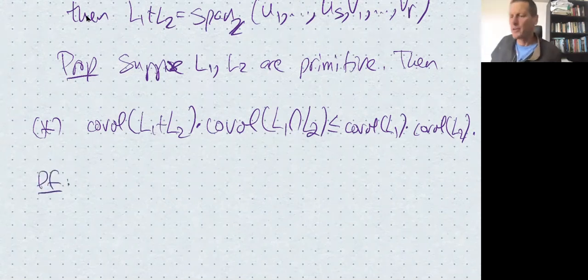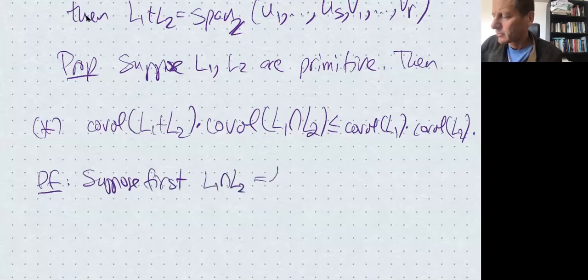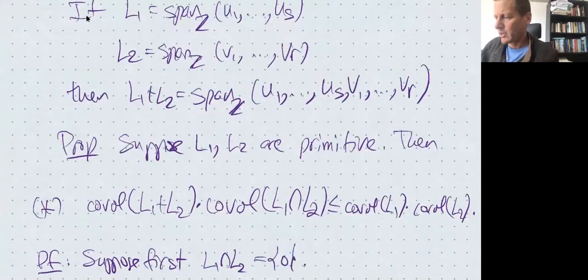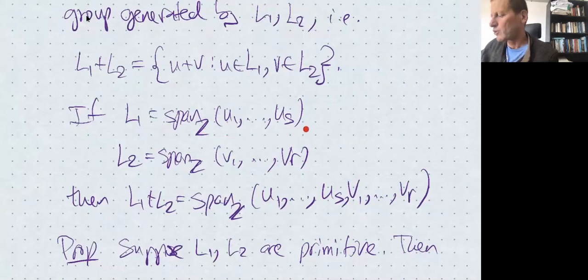Let's first do this computation in the case that L1 and L2 only intersect at 0. Suppose first that L1 intersect L2 is 0. And let's use the previous notation. In other words, L1 is generated by U1 up to Us, L2 is generated by V1 up to Vr.